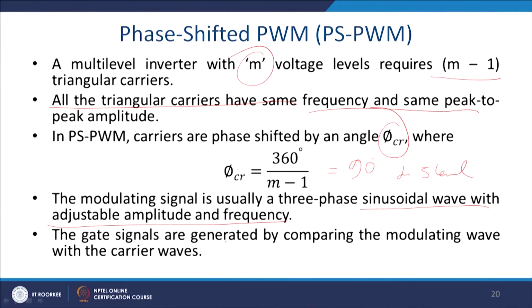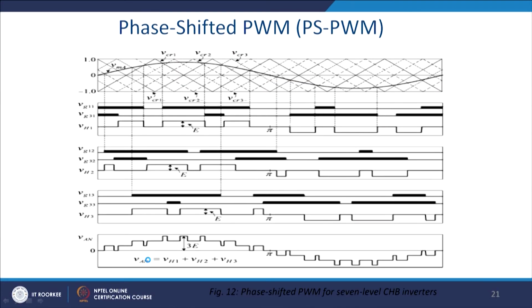The gate signal is generated by comparing the modulating wave with the carrier wave. So, this is the waveform where the dotted lines are the carriers. This one is the first carrier wave.